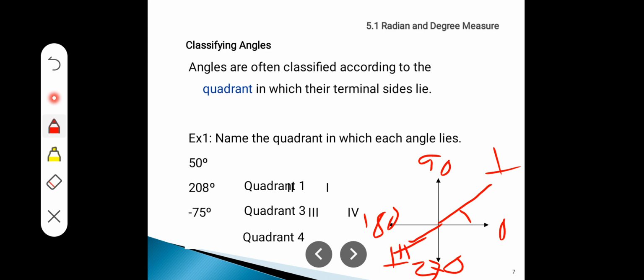And negative 75 degrees, just like I said earlier, negative is always clockwise. So here, negative 75 degrees.